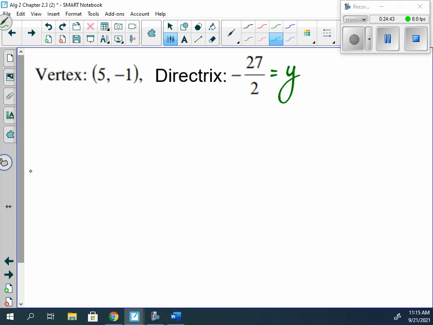Now, having the directrix actually tells us which general equation a lot faster than the vertex and focus did. Because in the two equations, one of them, the directrix is y equals k minus p. The other is x equals h minus p, yes? Well, this says y equals, doesn't it?